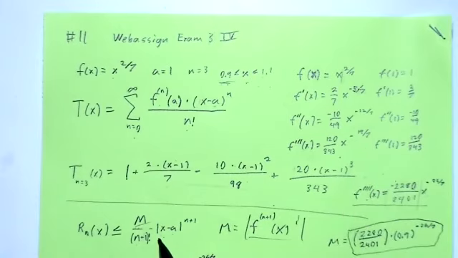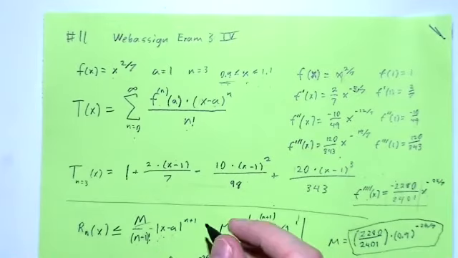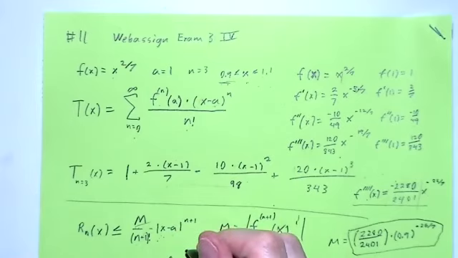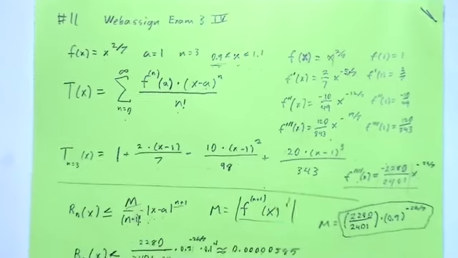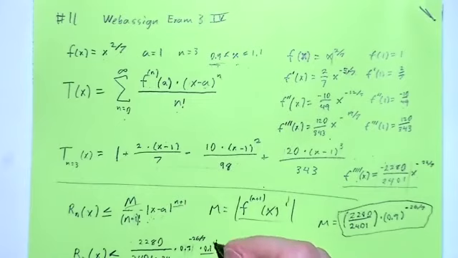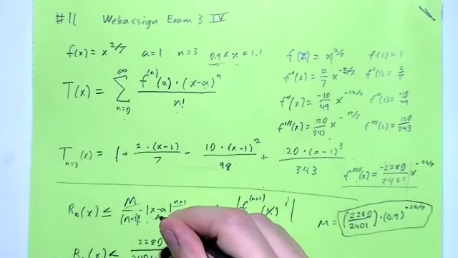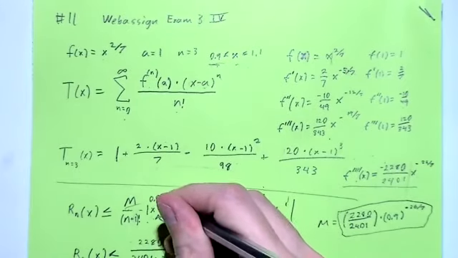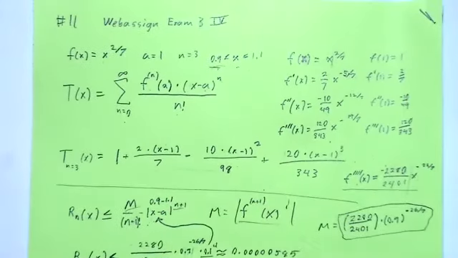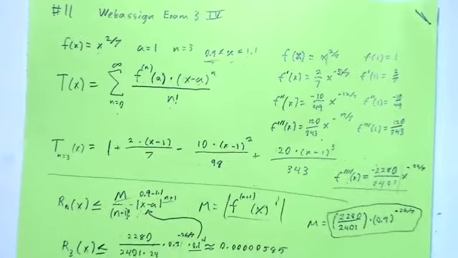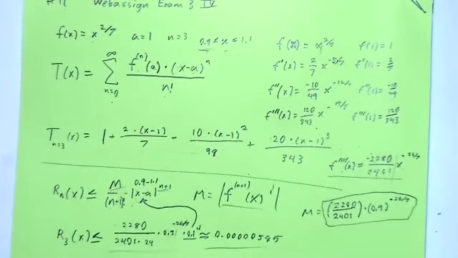So we have 0.9 minus 1, which is negative 0.1. Take the absolute value of that, and then we have n plus 1 power, which is to the fourth. So that comes from this right here by plugging in 0.9 minus 1.1.